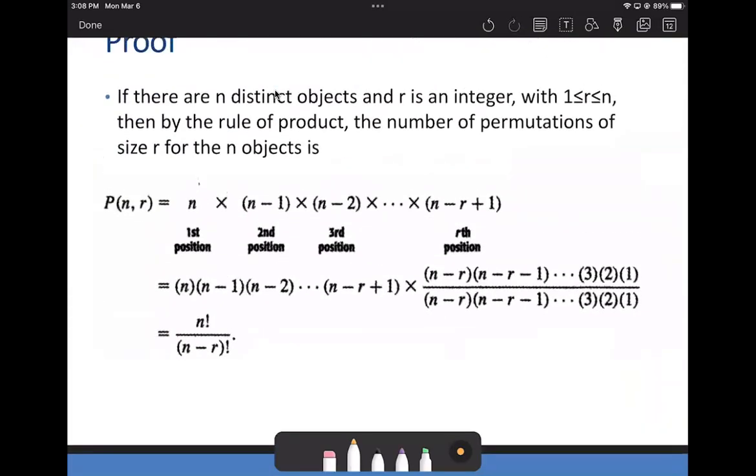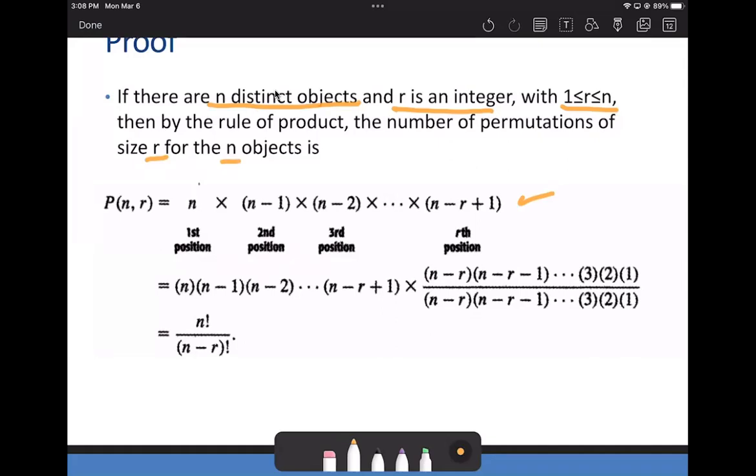So going back, if there are n distinct objects and r is an integer with r greater than or equal to 1 and less than or equal to n, then by the rule of product, the number of permutations of size r for the n objects is n times n minus 1 times n minus 2 until n minus r plus 1 for the rth position.